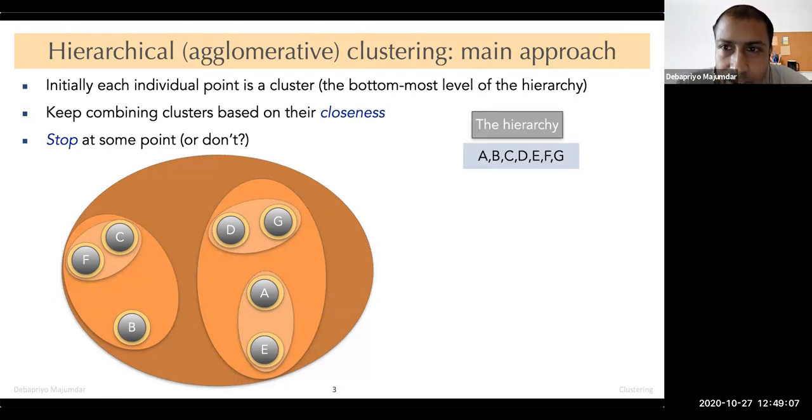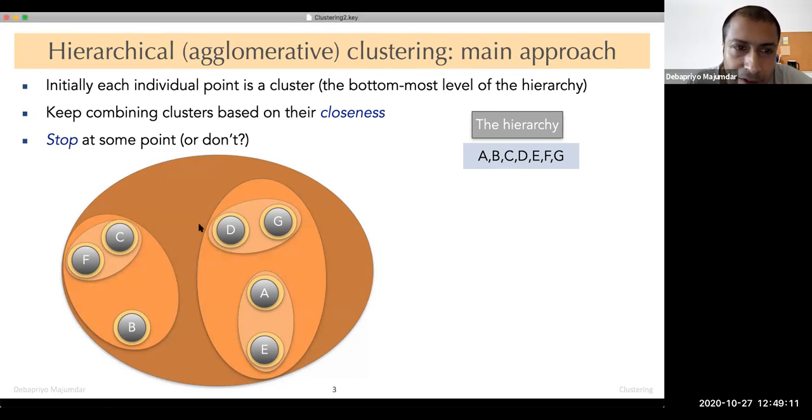So what is the tree then? The hierarchy is, now you go backwards, okay? You have this whole set as your root of the tree. Then your first two will be this slightly lighter orange cluster, BCF and AEDG, say these two.